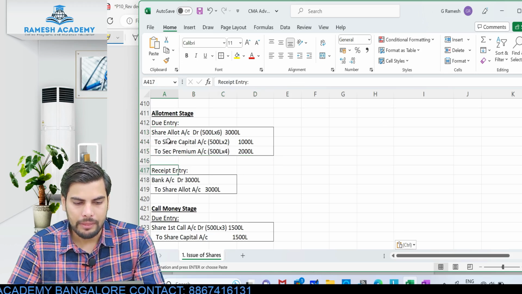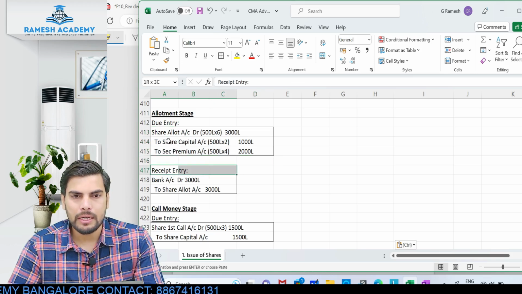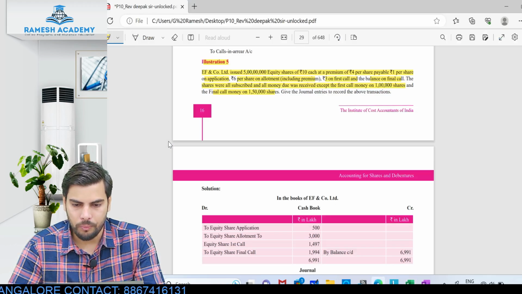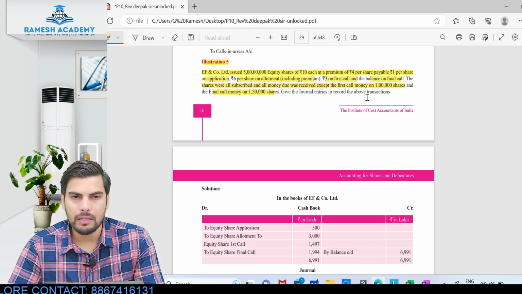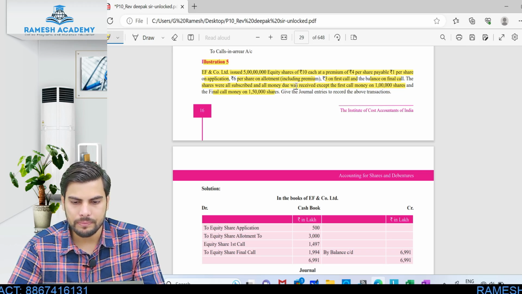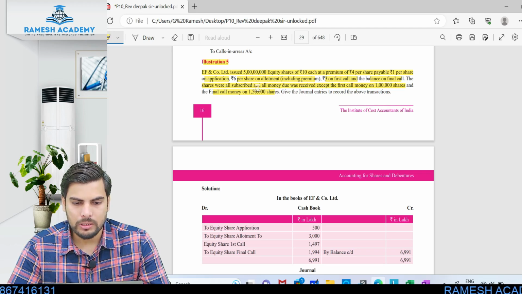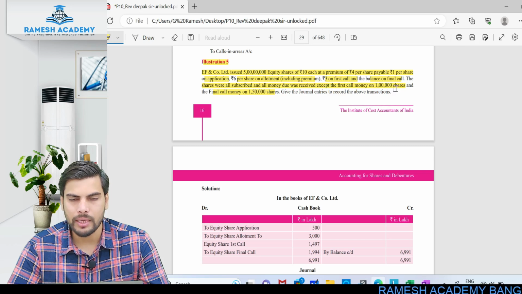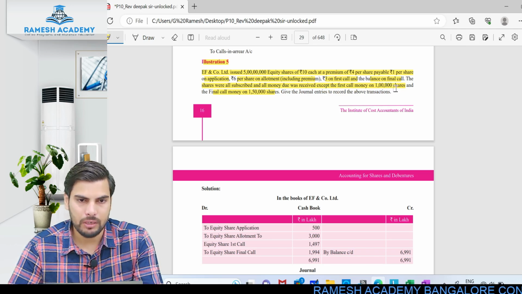Clear? And then receipt entry, was there any default with respect to allotment stage? No. Everybody paid the application money and allotment money. So when did the default arise? The shares were all subscribed and all the money was duly received except the first call to the extent of 1 lakh shares, and second and final call to the extent of 1,50,000 shares.